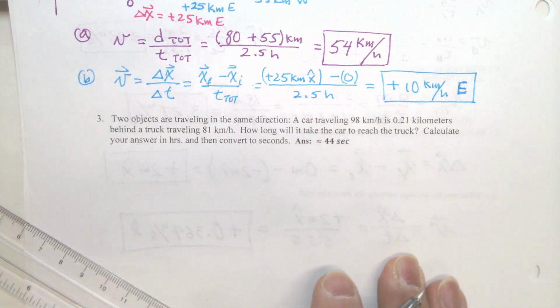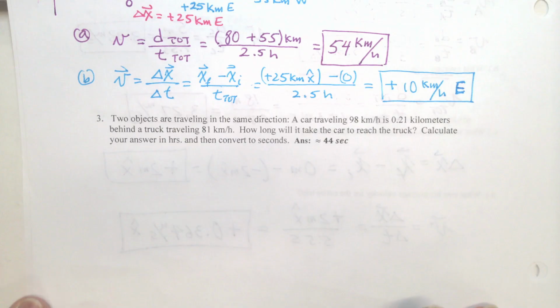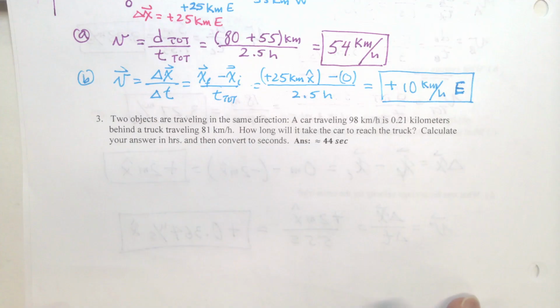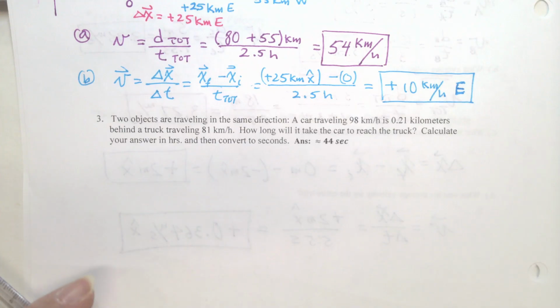Now comes trouble. So here, we have two objects traveling in the same direction. A car traveling 98 kilometers per hour, and it is 0.21 kilometers behind the truck traveling 81 kilometers per hour. So you're driving on the highway, and here's the starting position.